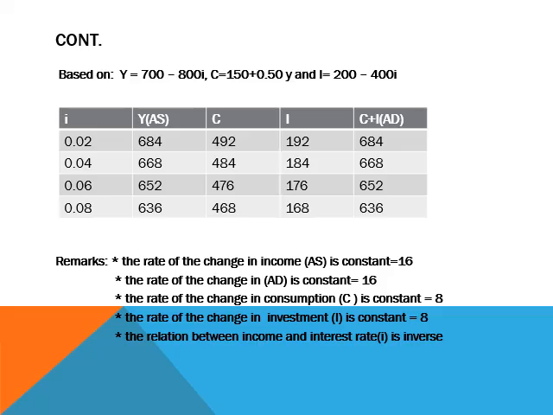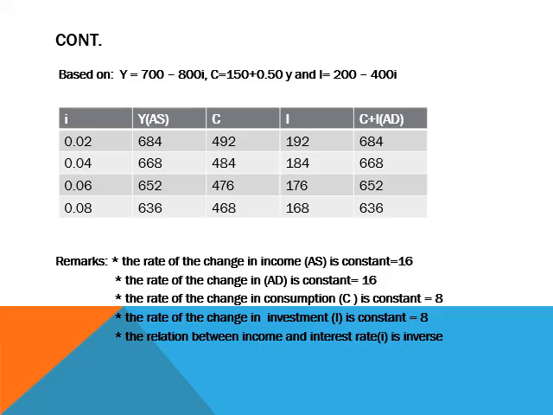C equals 150 plus 0.50 times 652, which is 476. That is good. Now we can repeat by inserting the interest rate in the function of investment.